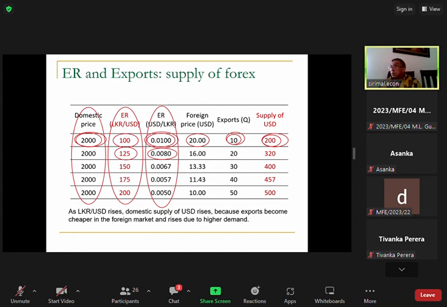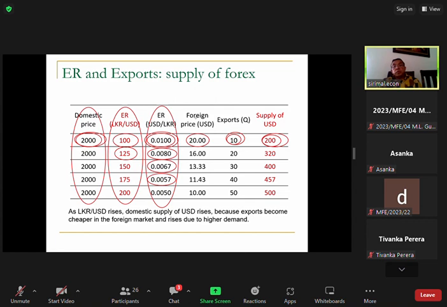It means the rupee becomes cheaper for the foreigners. So when you look at the third column, each time the exchange rate depreciates, the rupee becomes cheaper from the foreigners' point of view.